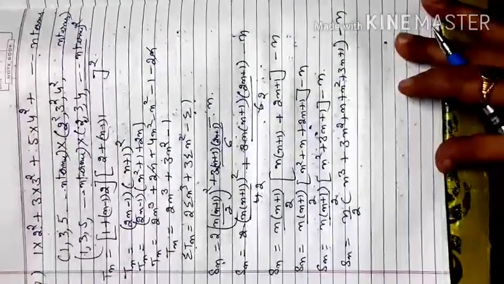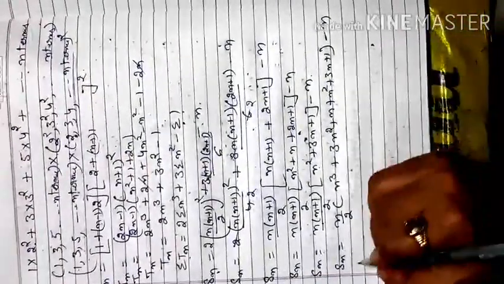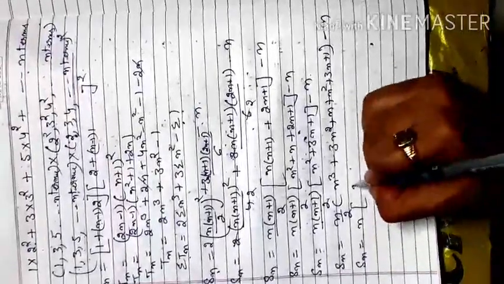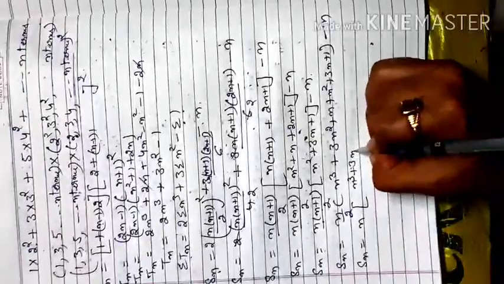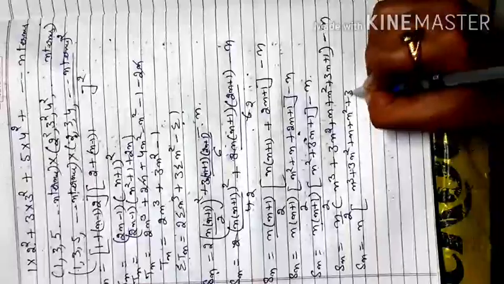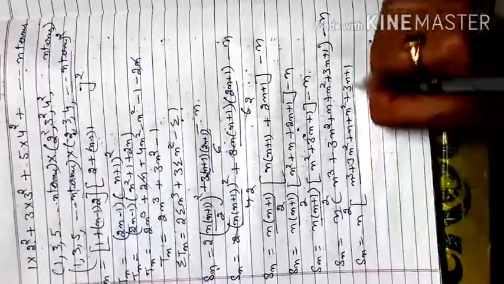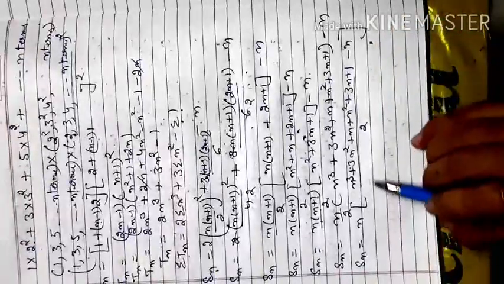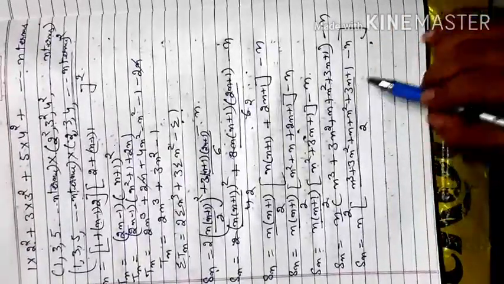Now you have to take n common. If I take n common, what is left inside the bracket? n cube plus 3n square plus n square plus 3n plus 1 by 2 minus n. Now if I combine the terms, this is 4n square, 4n plus 1.